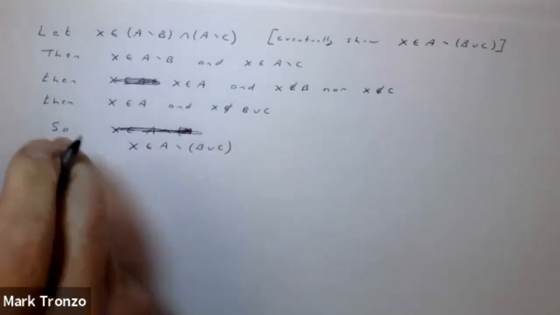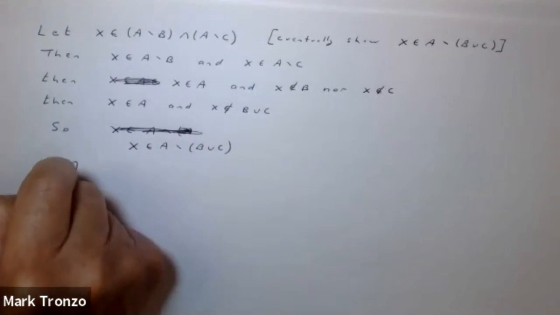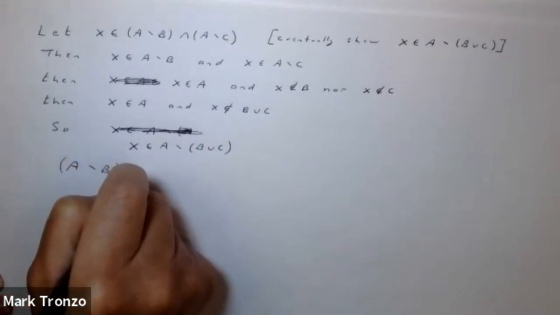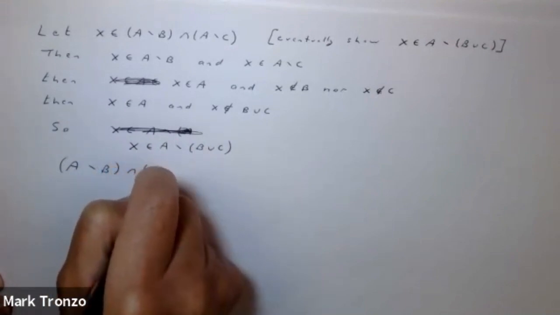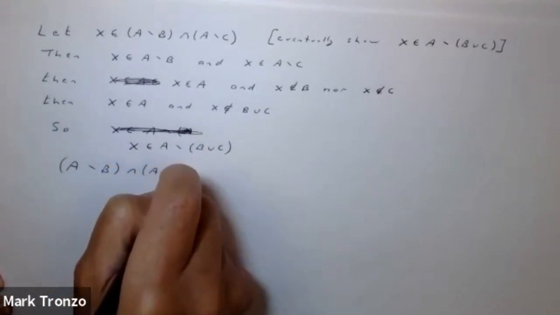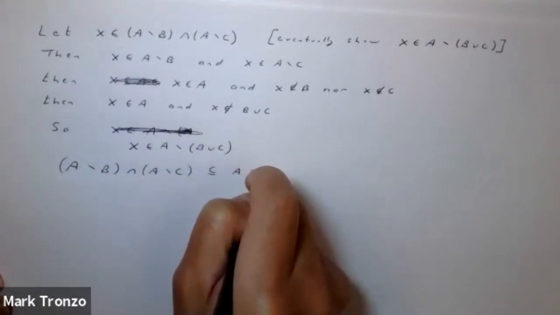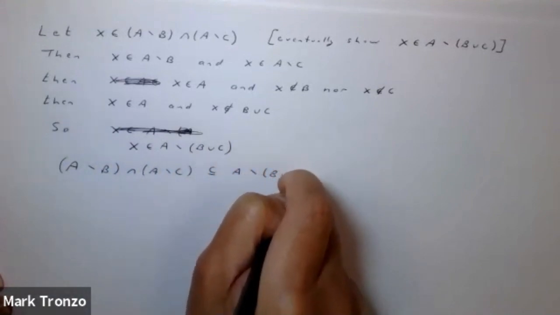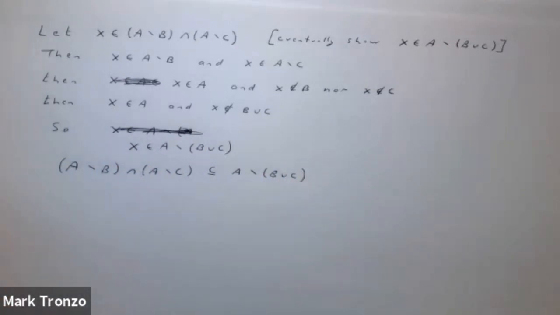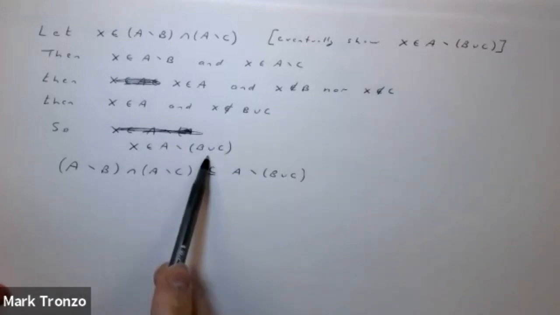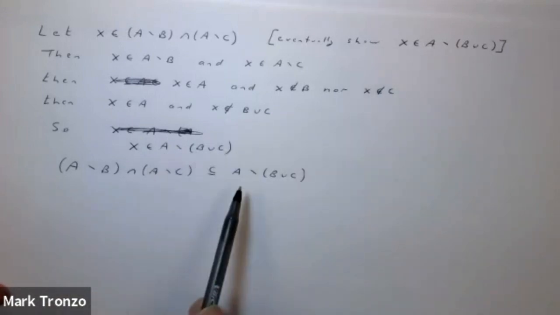So that means then A complement B intersection A complement C is a subset of A complement B union C, like that. Because that's what we wanted to show: that x was over here, which we did. So that proves that's a subset of that.